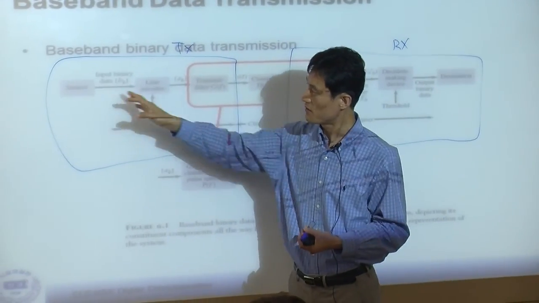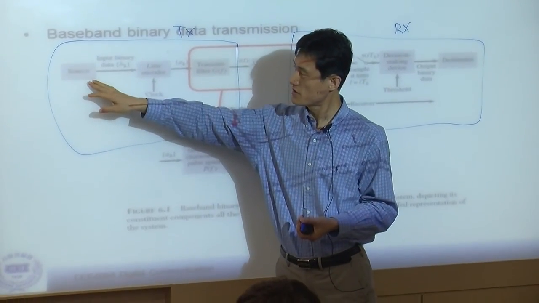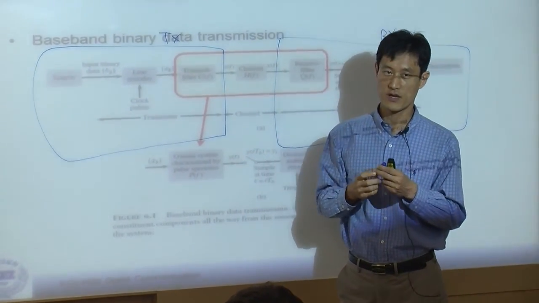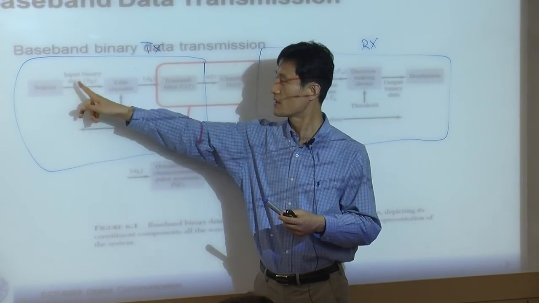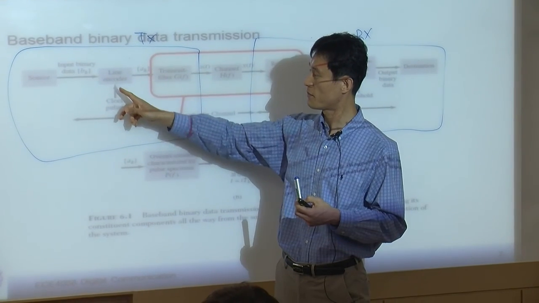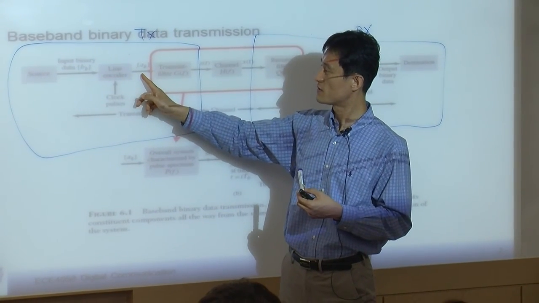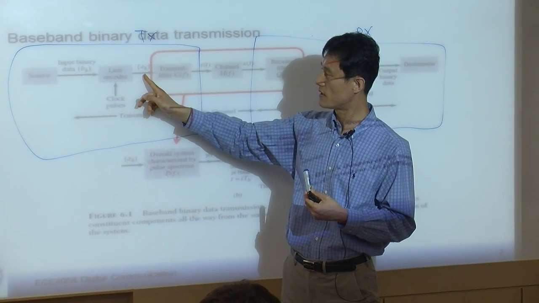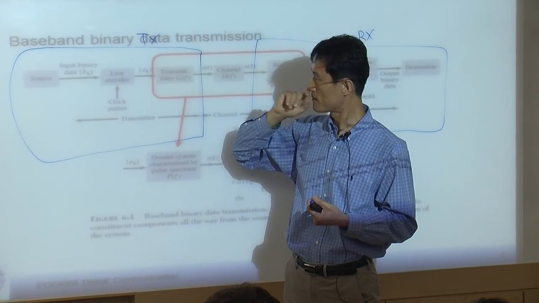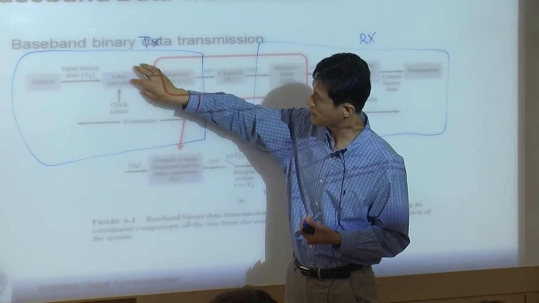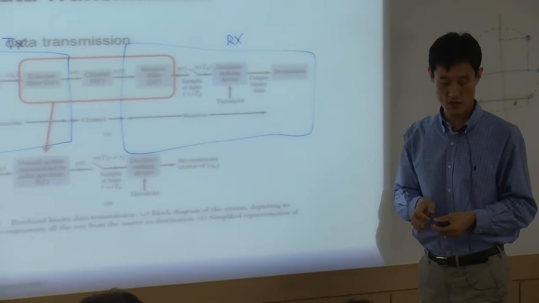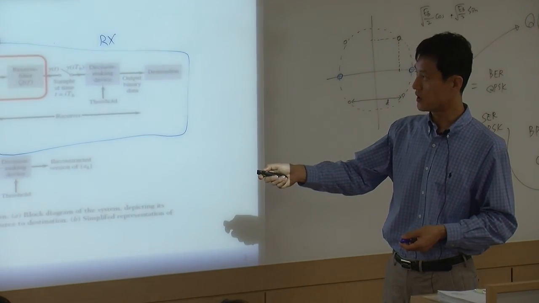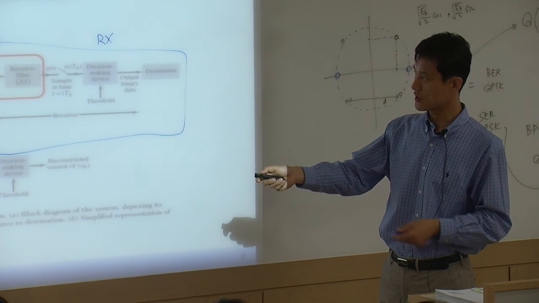So when you look at this, the transmitter has many different parts. Source means original information. We have some original information to transmit. That information goes into the line encoder and becomes encoded. Actually there is a modulation somewhere here, but this picture ignores the modulation. So we have some symbol here after the modulation.